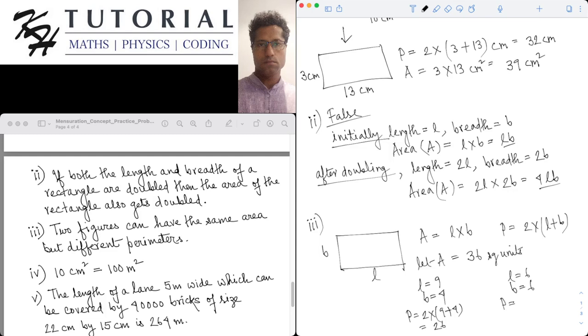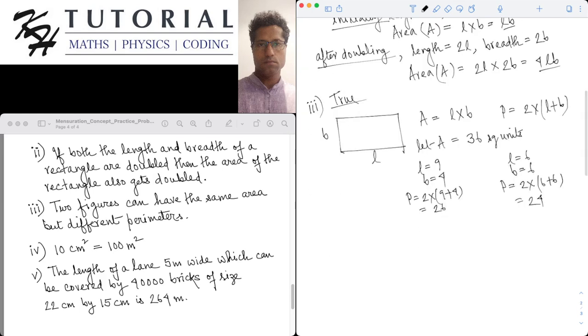If L is 9, B is 4, perimeter is 26, and if L is 6, B is 6, we will see that the perimeter is 24. So the perimeters are different and the area is same. So this statement is true. That is, we can have figures such that they have the same area but different perimeters.